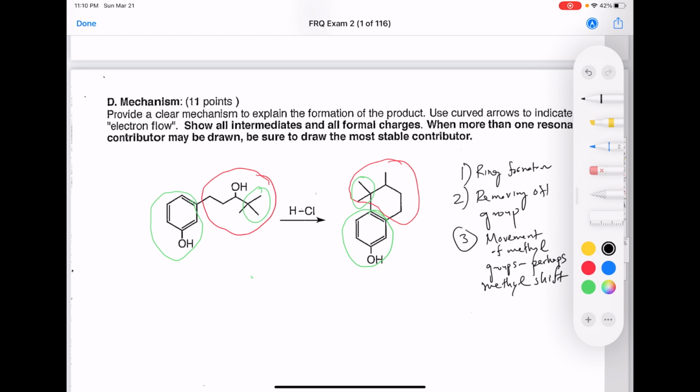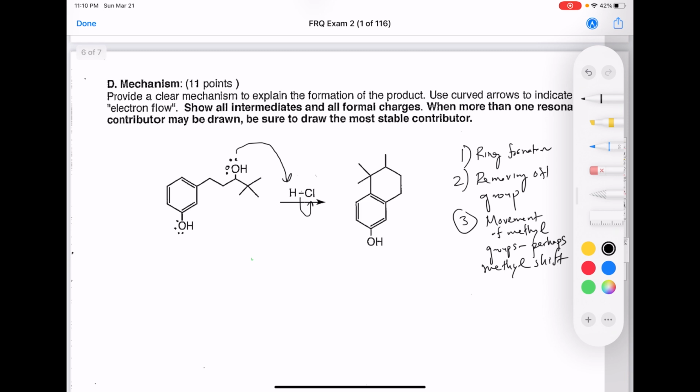So when we look at our reagent that's used, it's HCl. And HCl, as you already know, is a strong acid. If it sees an OH group, as an acid, what is it going to do? There's going to be an acid-base reaction basically at that OH group.